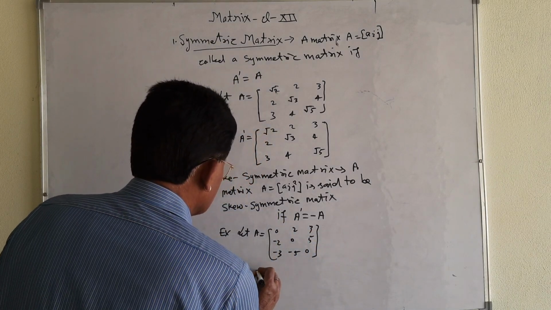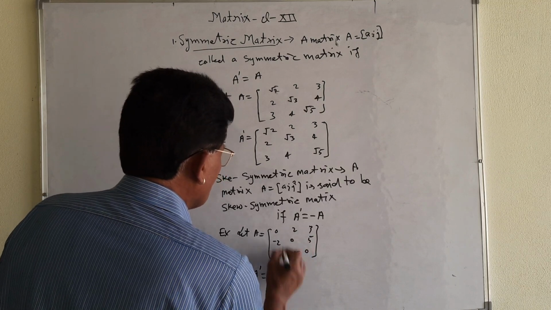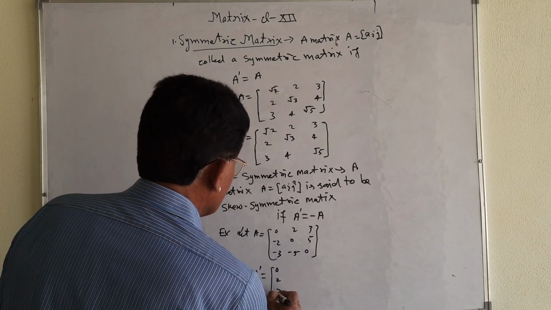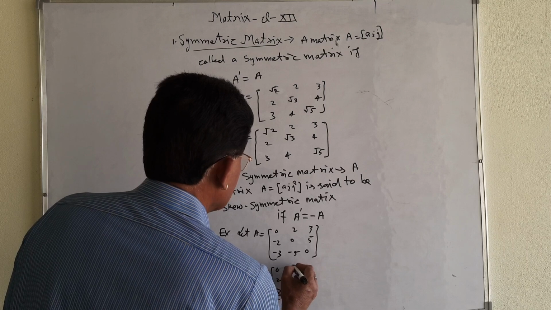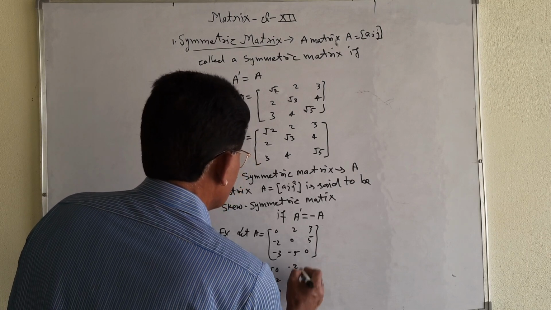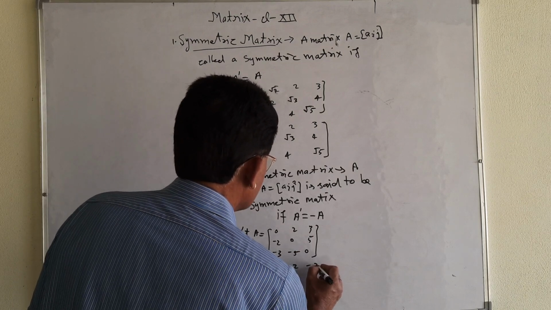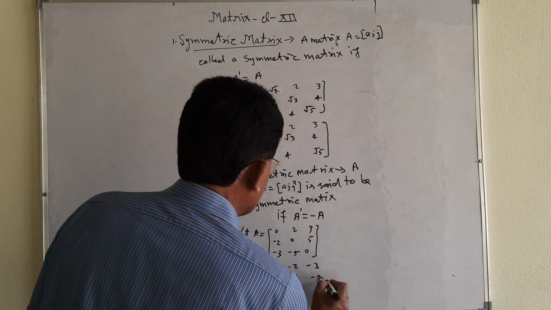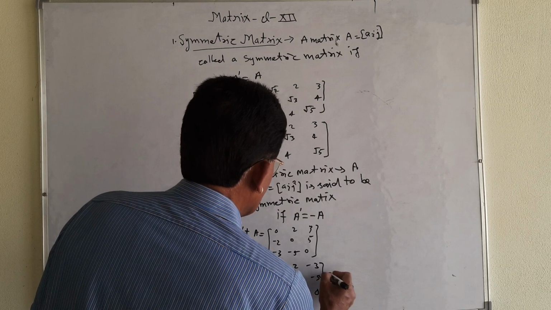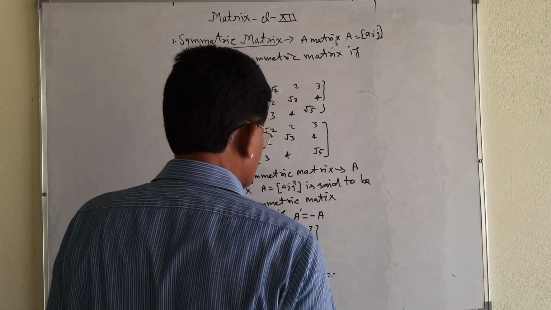Let me get the transpose of the matrix. You see, change rows into columns: 0, 2, 3, and here -2, 0 and 5, and the last row into -3, -5 and 0. My dear student, I am going to take a negative sign out of the matrix.